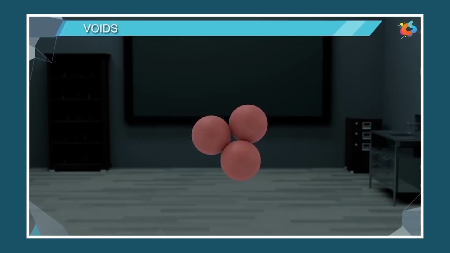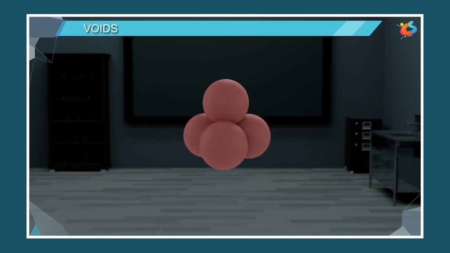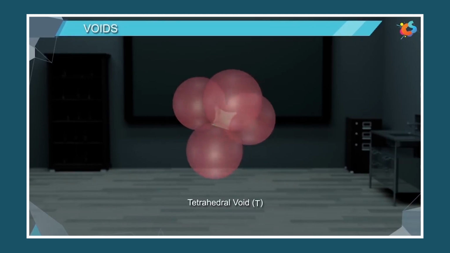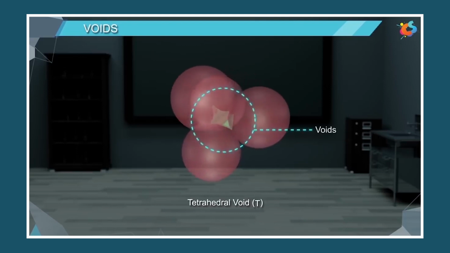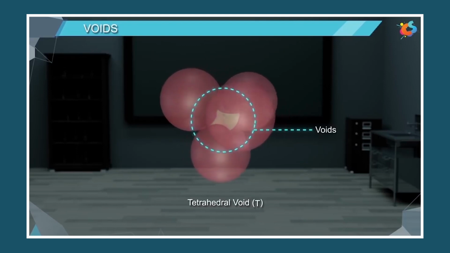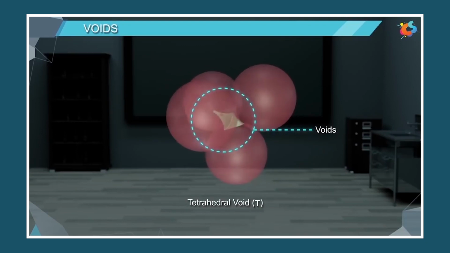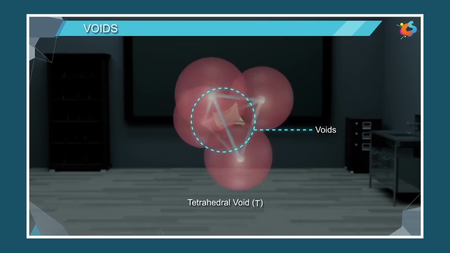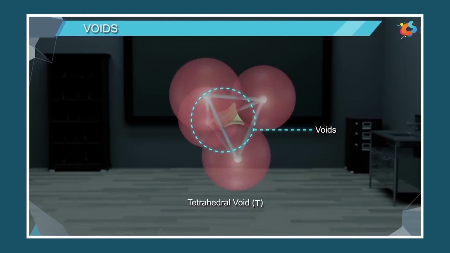When we place the close packed layer in the depressions of the first layer, we will notice that at some places the triangular voids of the first layer are being covered by the spheres of the second layer. At such places, the type of void formed is known as tetrahedral void, T, since a tetrahedron is formed by joining the centers of the four surrounding spheres.